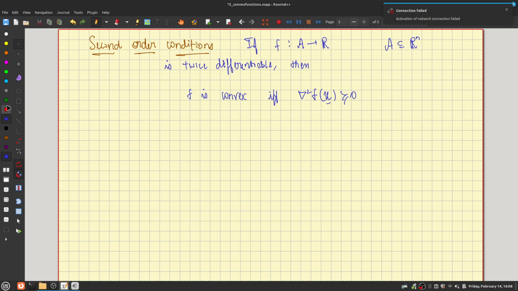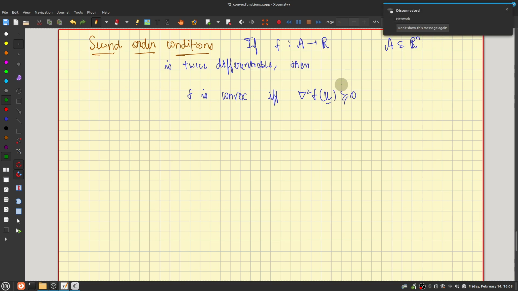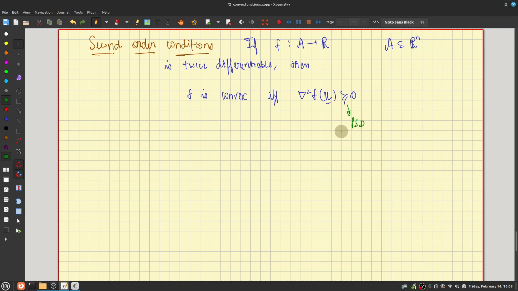Okay, so this sort of curly greater than or equal to will be used to denote positive semi-definiteness. So it's an if and only if condition, and it has a very natural interpretation in terms of, let's say, functions in R, right?